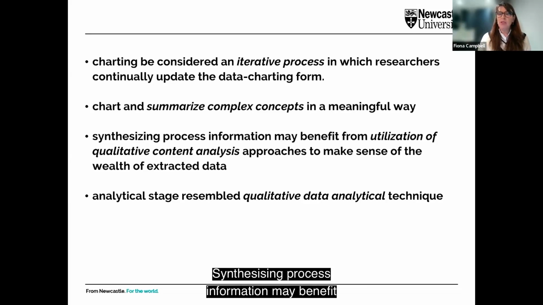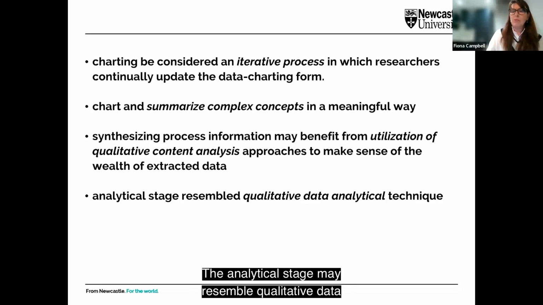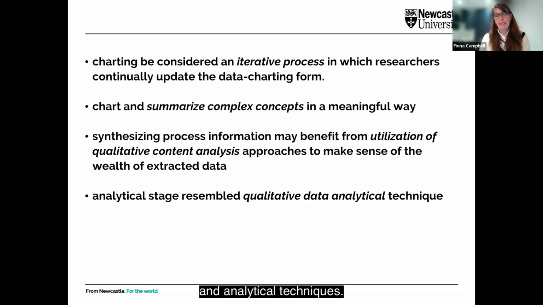Synthesizing process information may benefit from utilization of qualitative content analysis approaches to make sense of the wealth of extracted data. The analytical stage may resemble qualitative data and analytical techniques.